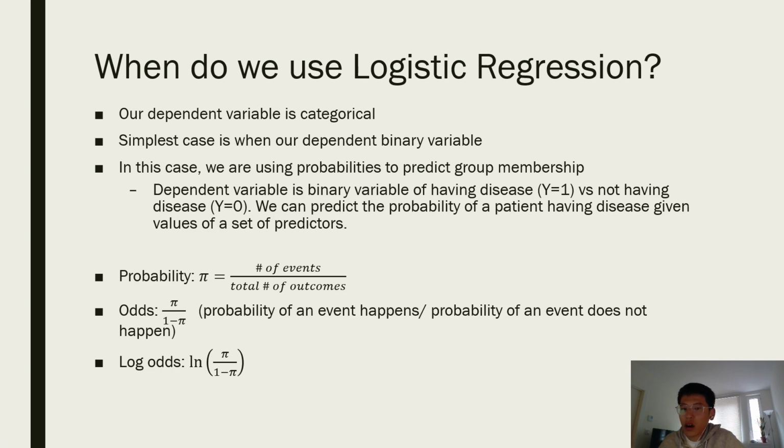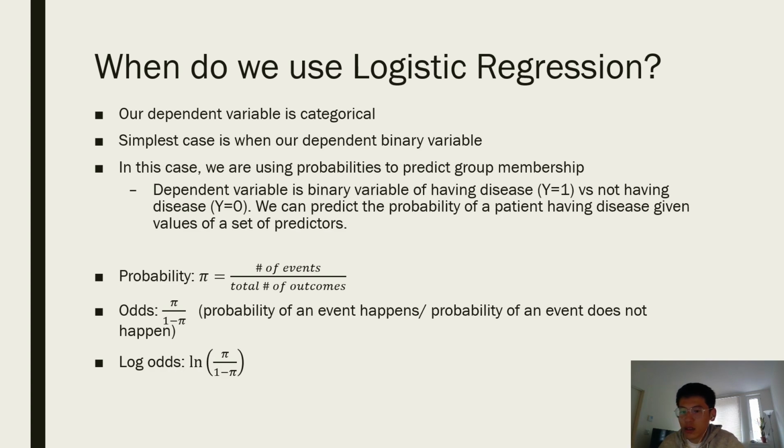And then we have two more terms. You will see those two terms later on in our regression equations. For odds, it's just pi divided by 1 minus pi. So it's the probability of an event happening divided by the probability of the event not happening.